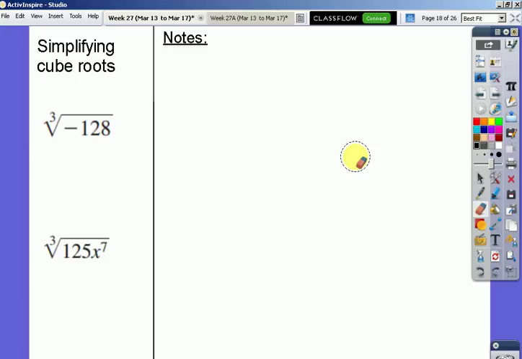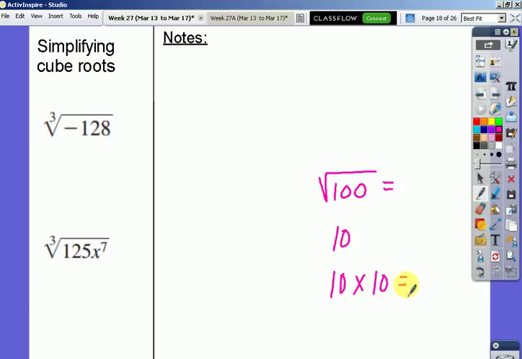Now, last time I briefly mentioned that, at least I think I did, if not, I'll mention it again here, but we don't like to deal with negatives and square roots, because essentially, what is the square root asking us to do? Well, if we look at the square root of 100, we get 10. Why do we get 10? Because 10 times 10 is 100.